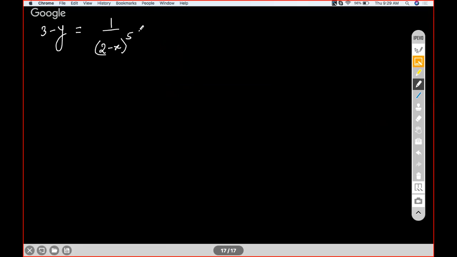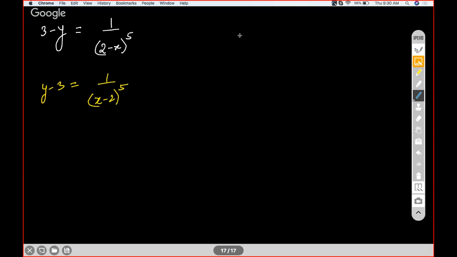See, you can also rephrase it as y minus 3 is equal to 1 by x minus 2 to the power 5. Okay, yeah. Makes it easier. Anyway, it shifts 2 units to the left. The asymptote shifts there, and then y shifts 3 units up. Okay, done.